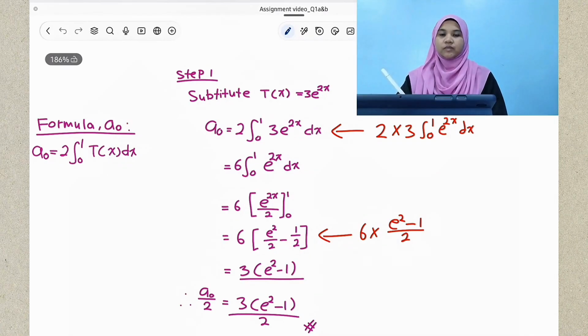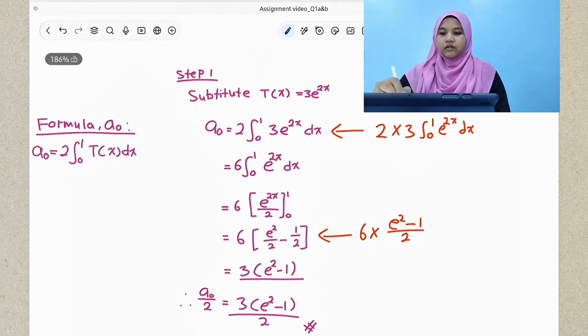Now we simplify. The 1 over 2 and e squared over 2 have the same denominator. So we combine them to get e squared minus 1 all over 2. 6 divided by 2 equal to 3. So we get 3 times open bracket e squared minus 1 close bracket.